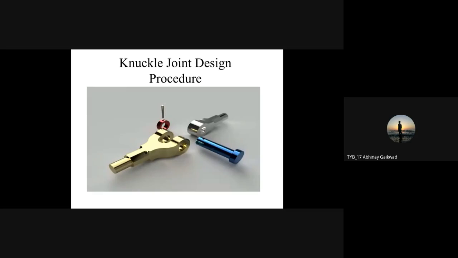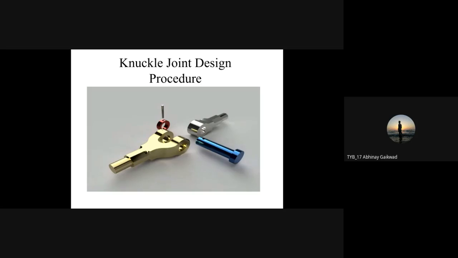I will take one example where the knuckle joint is used in daily life: when we join a trolley to a tractor. The joint provided between the tractor and trolley is a knuckle joint.